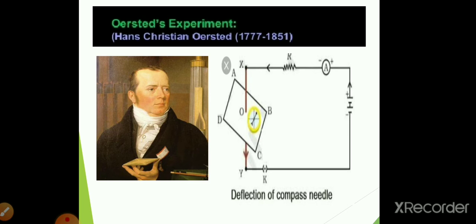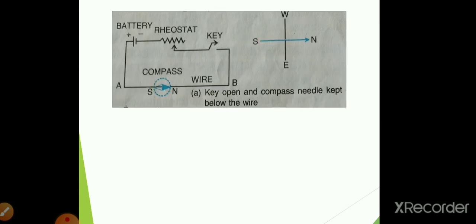He used a conducting wire AB lying in the north-south direction, and he connected it to a battery through a rheostat and a key. A compass needle is placed just below the wire.